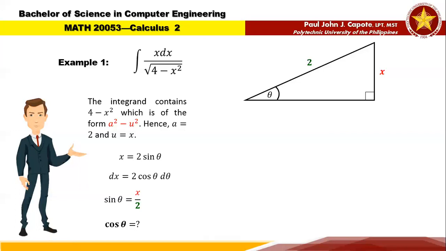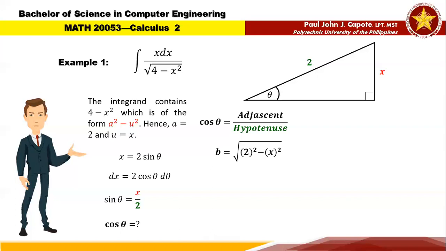Now, how are we going to find the value of the adjacent side? We use the trigonometric ratio, which states that cosine theta is equal to adjacent over hypotenuse. Using the Pythagorean theorem, we can solve for the adjacent using the measures of the opposite side and the hypotenuse.